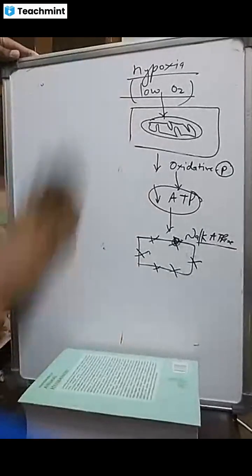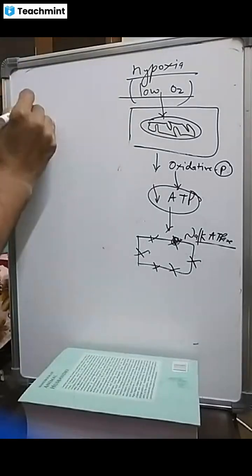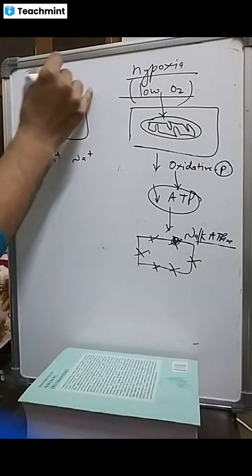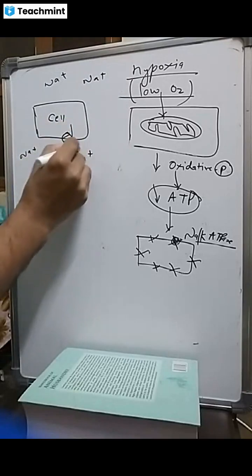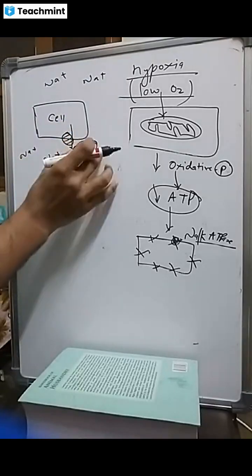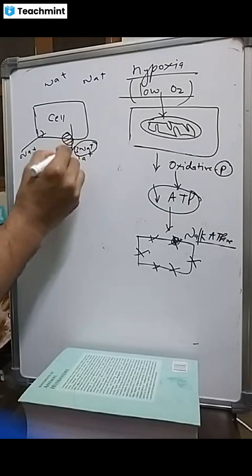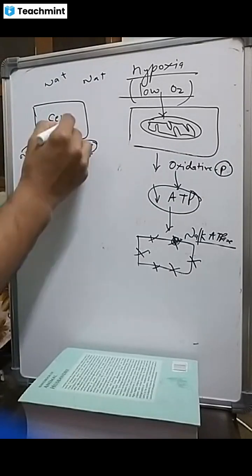If we see the role of these sodium potassium ATPases, this is the cell. Outside is sodium, which is in excess. The cell will keep on throwing sodium out. It does not want excess sodium. Sodium tries to enter but the cell throws it out. But the cell loves potassium, so it will take two potassium inside and throw the sodium out.